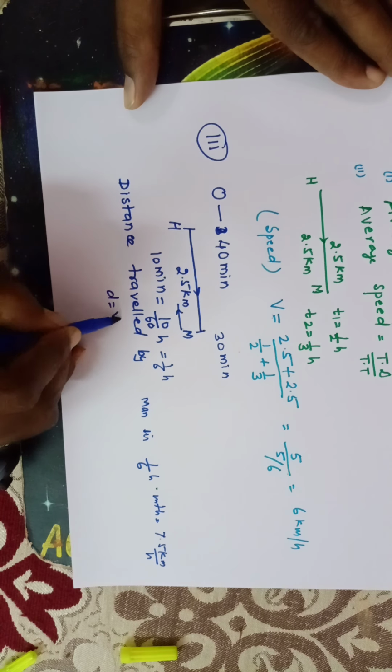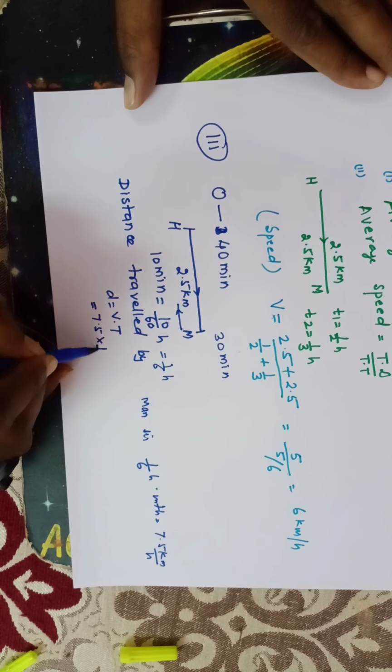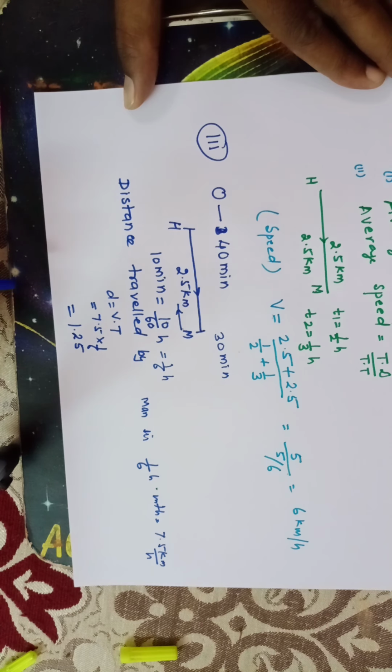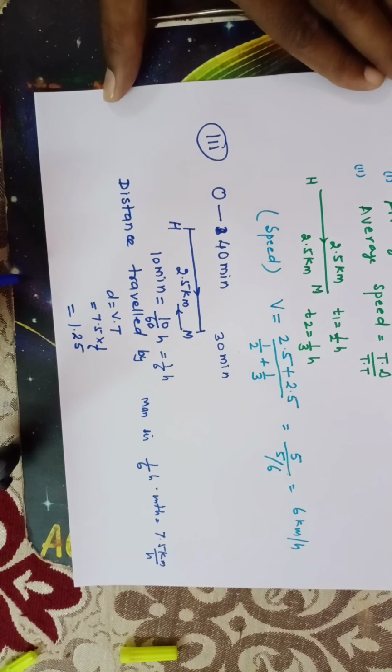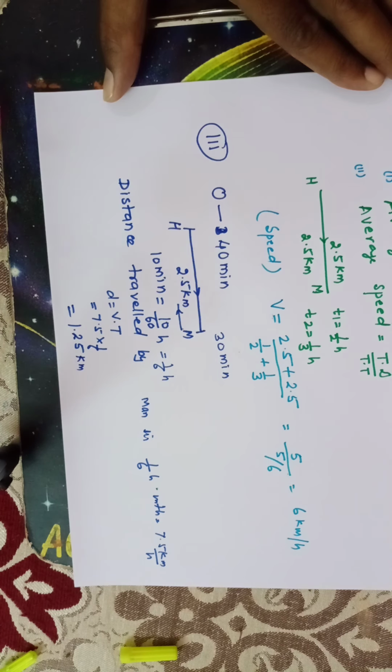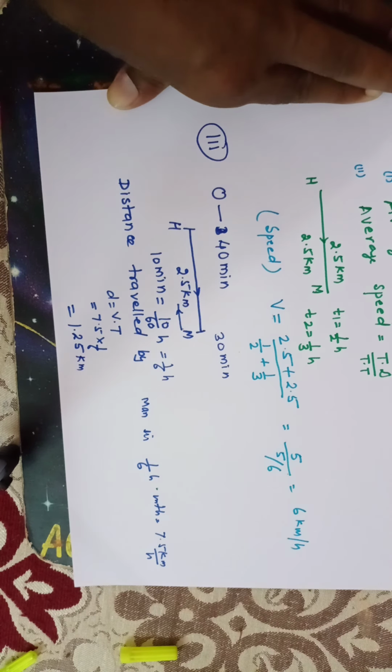So distance equal to V into time. V is 7.5, time is 1 by 6, so it will become 1.25 kilometer.